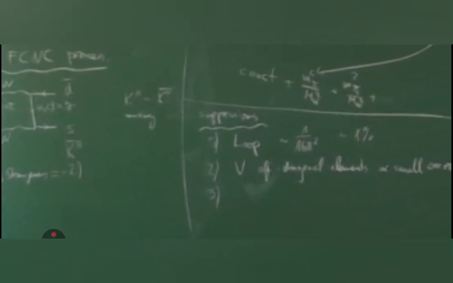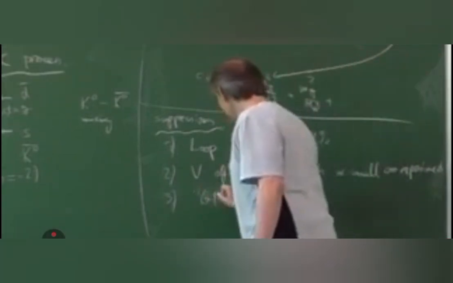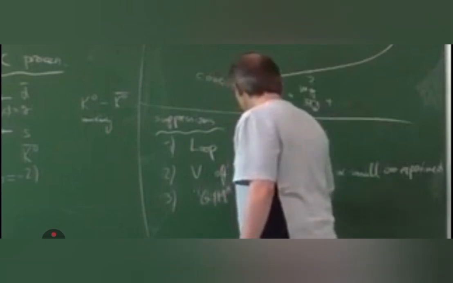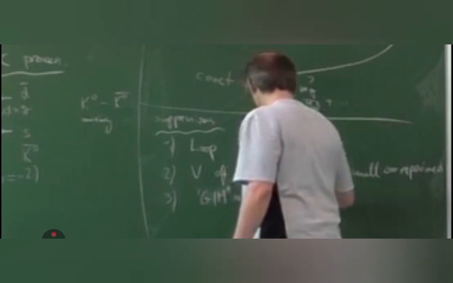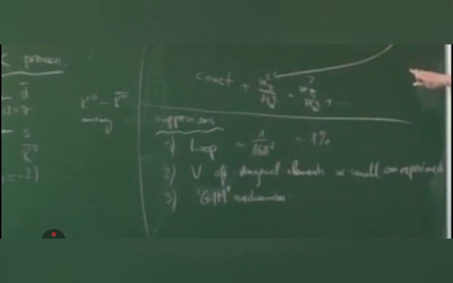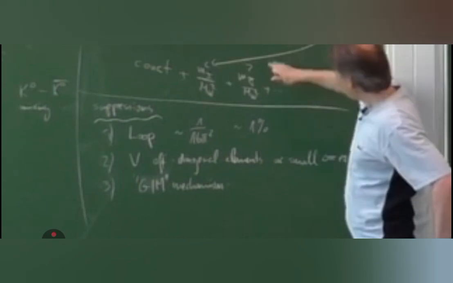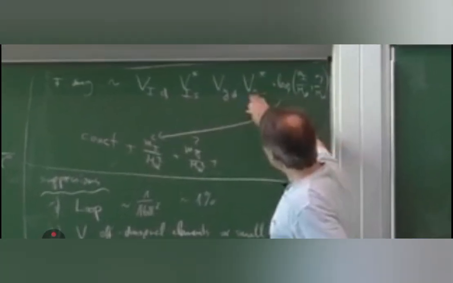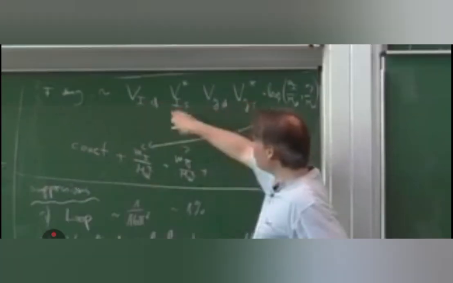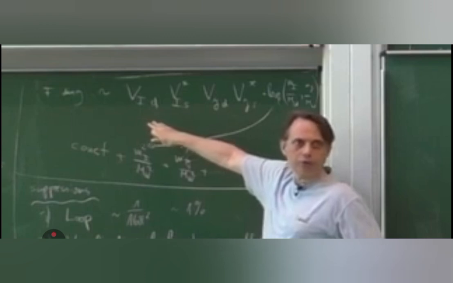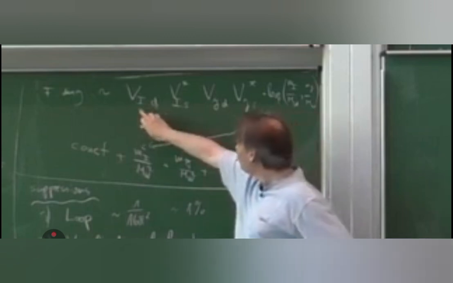There is a third suppression, which is the so-called GIM mechanism, which comes from the behavior of the loop. If you look at the loop function, then you see the following. The loop is multiplied with this product of 4 CKM matrices, and then of course you get a sum over the indices i and j.